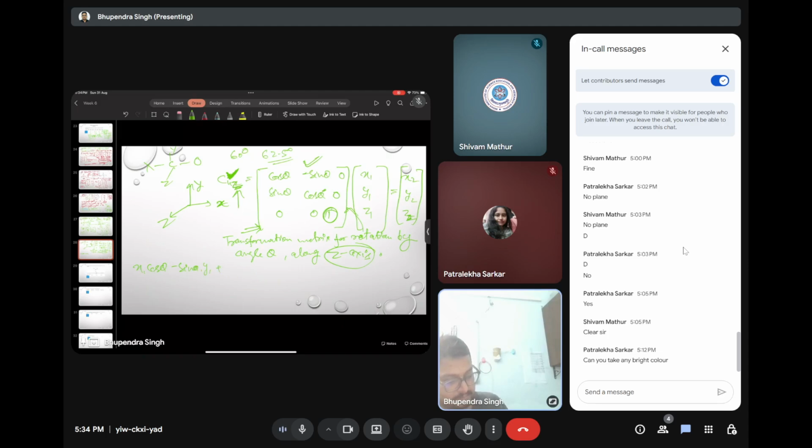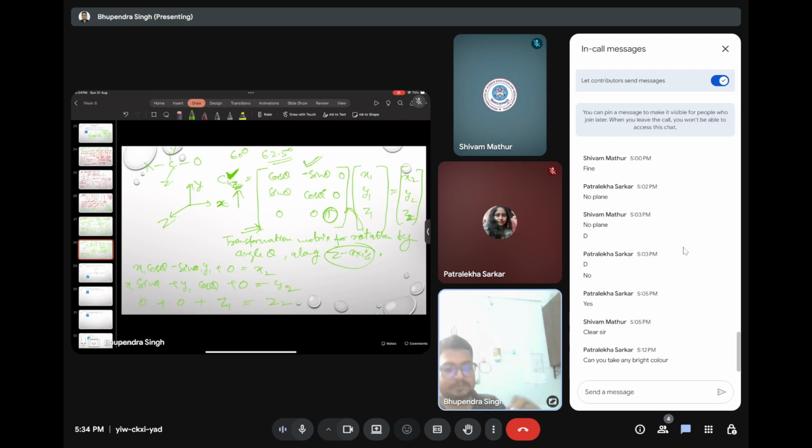plus 0 equal to x2, and sin theta x1 plus y1 cos theta plus 0, and 0 plus 0 plus z1. Okay, this is y2, this is z2.